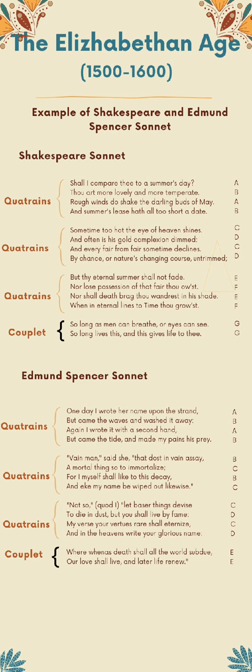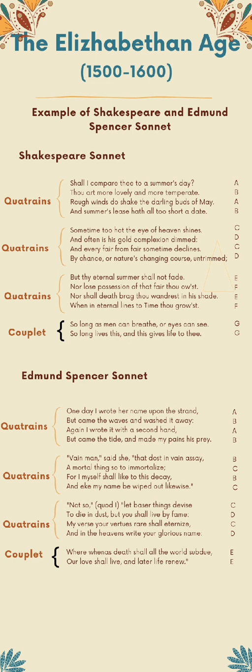After we talk about Shakespeare and Edmund Spenser, we move to the example. So here is the example of the Shakespeare and Edmund Spenser sonnets. Here are the two poems from Shakespeare and Edmund Spenser. Take a look at the Shakespeare sonnet first. The Shakespeare sonnet contains 3 quatrains and then a couplet.